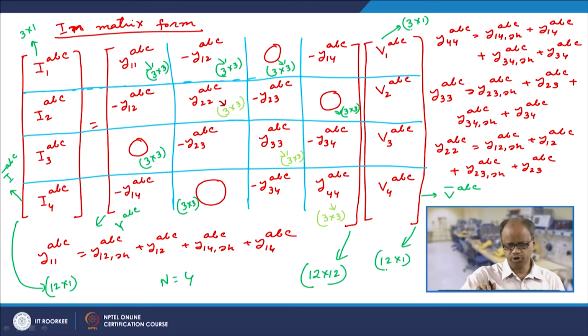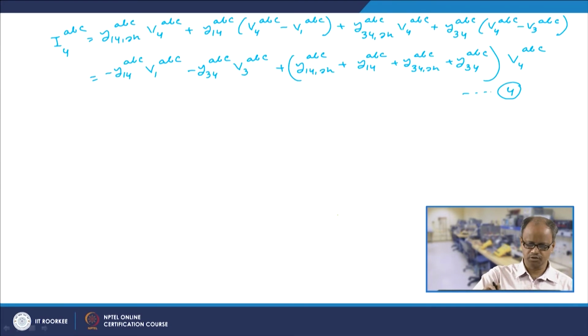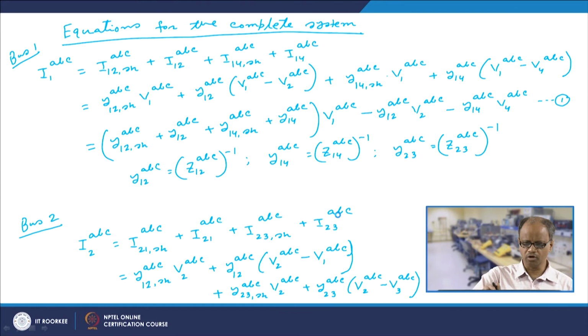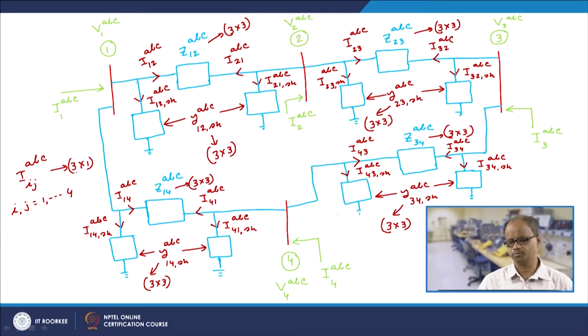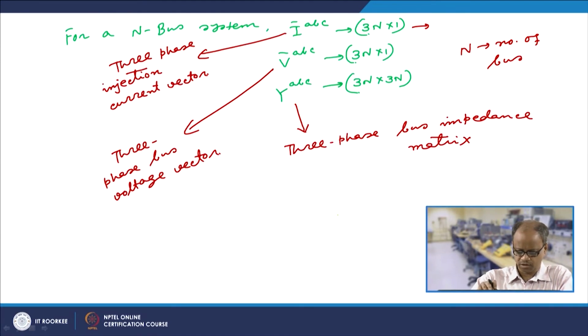But now the question is, so far in this diagram, we have not considered the presence of any transformer. But in any system there is a transformer. So we need to also take into account the presence of the transformer in this particular Y bus formulation. So, let us look at how to consider transformers.